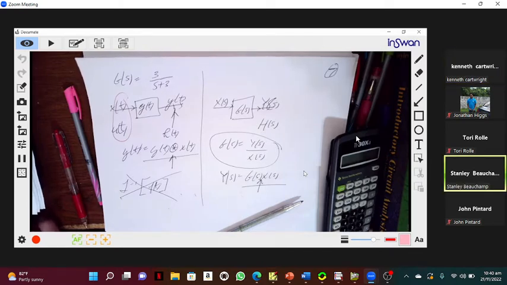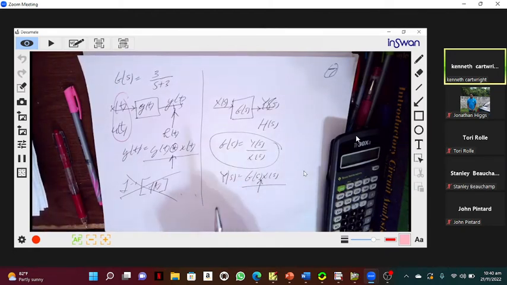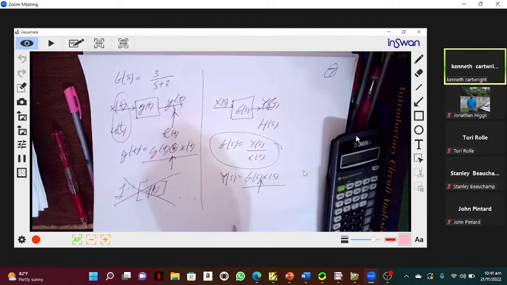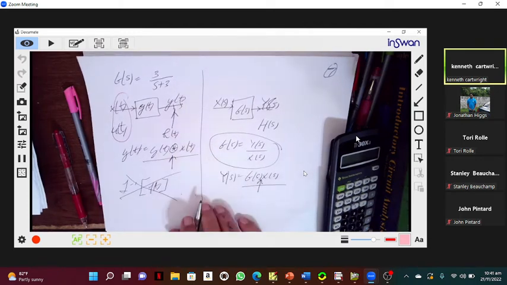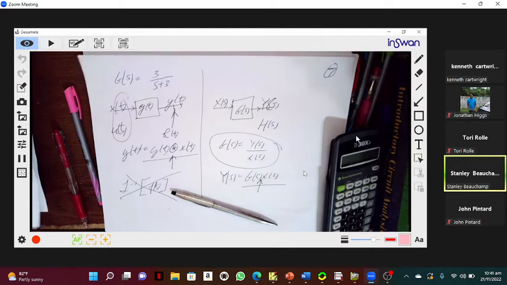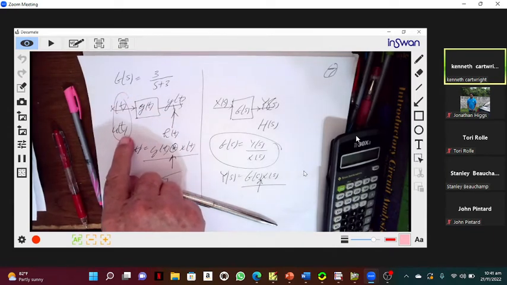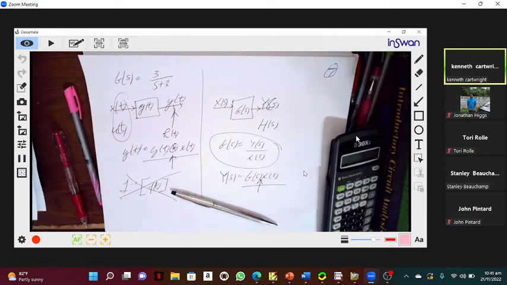Will that just be the impulse? No. You tell me X of S is delta of T? Does that make sense to you? A function of S domain is equal to a function of time domain? I was talking about the X of T. We just said X of T is U of T, so why are you talking about a delta function?